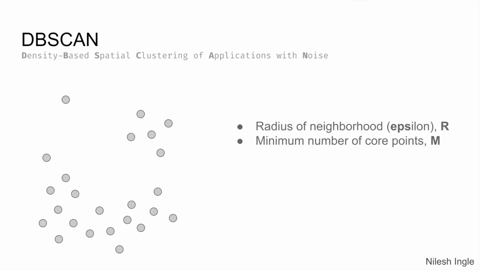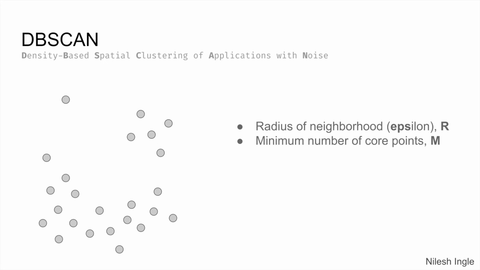Moving on, there's another interesting method called DBSCAN, density based spatial clustering of applications with noise, and this method works with irregular shaped clusters. So let's say we have a cluster shown by the gray data points on the left hand side.